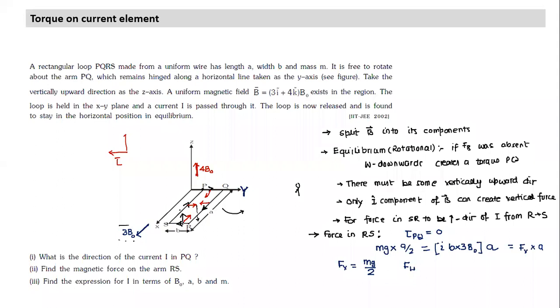Whatever force acts, if the vertical component is known, the horizontal component will be 4 by 3 times. What is the resultant force acting in SR? Vector sum of the two.